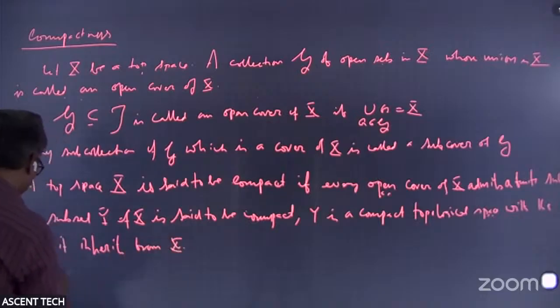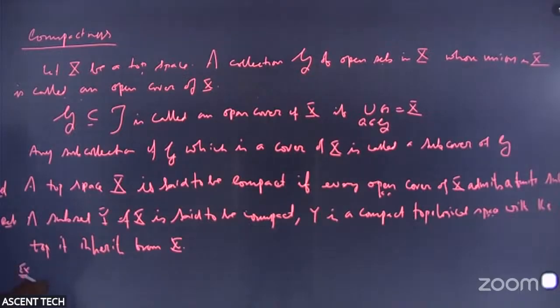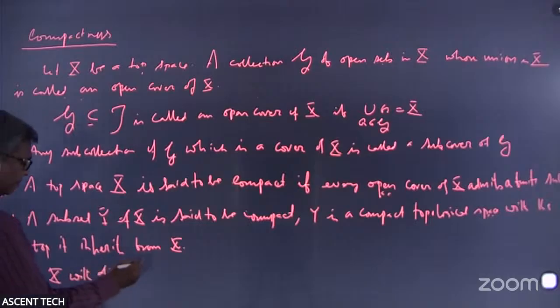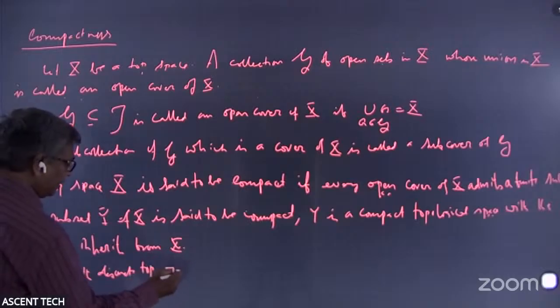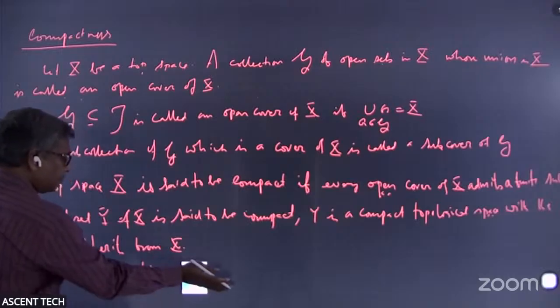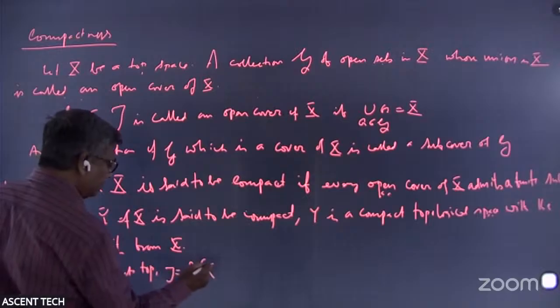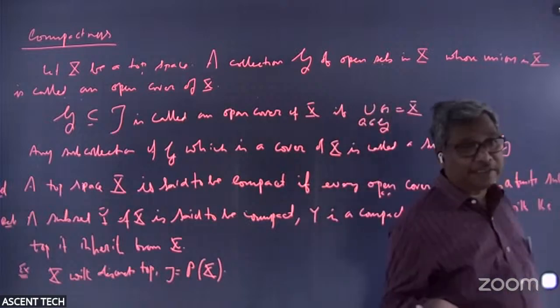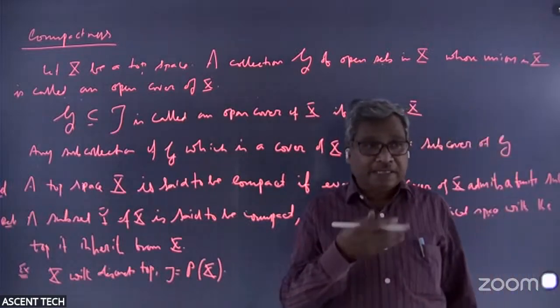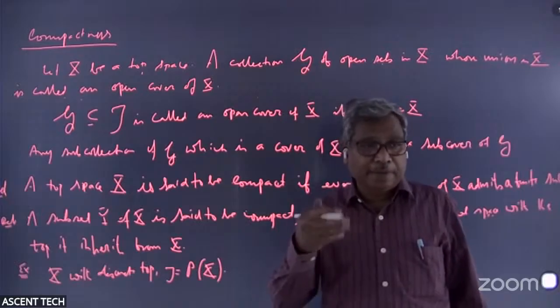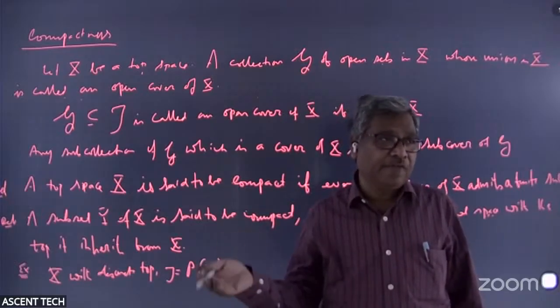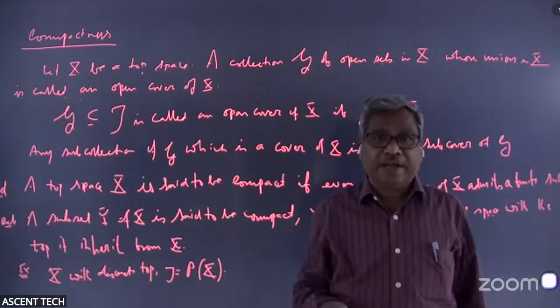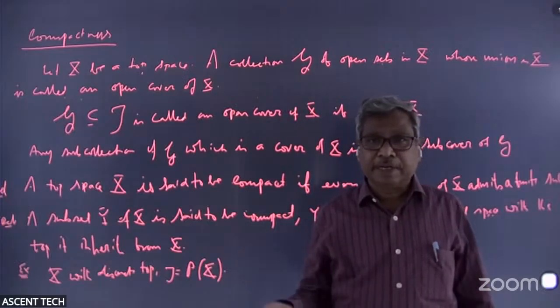So this example we talked about is very, very nice. X with discrete topology. So what is the topology here? For a set X, what are the compact sets? Only finite sets. If I take an infinite subset, maybe Y of X, all the singletons will cover Y. It cannot have a finite subcover.